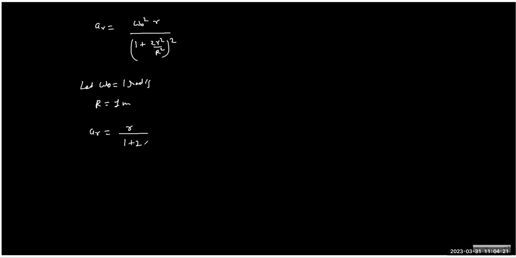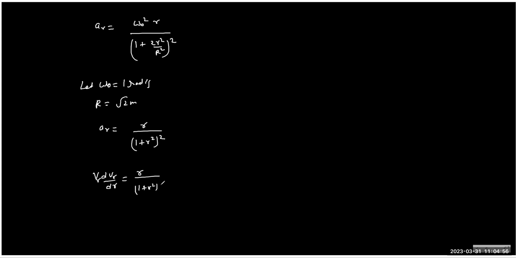Or better, I can take R as root 2 meter. Then a_r becomes r upon (1 plus r square) whole square. And then if you want to write v dv, it is v_r dv_r by dr.